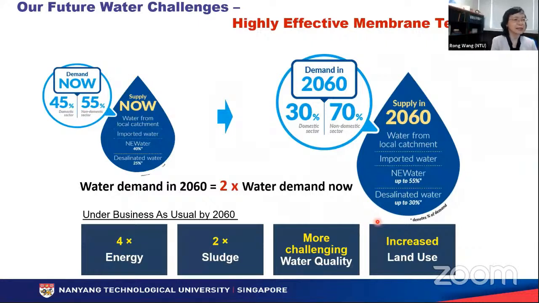However, under business as usual by 2060, the energy demand for water production will be 4 times the current value. This imposes a big challenge to us. How to develop highly effective membrane technology?